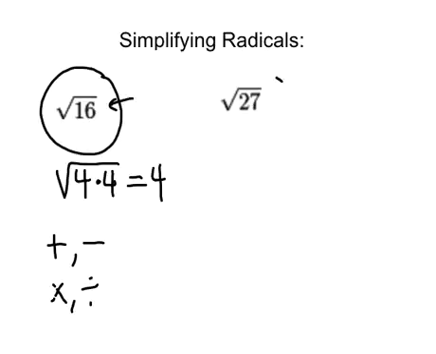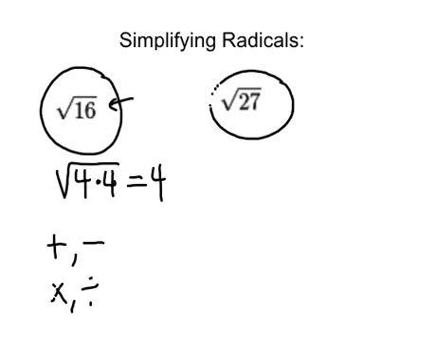Now, let's consider this one here, the square root of 27. The square root of 27 is not two nice numbers multiplied together. It would be 5 point something, something, something. So it's not a nice even number. And in math, we like things to be simple and elegant, and 5 point blah blah blah is not simple and elegant.